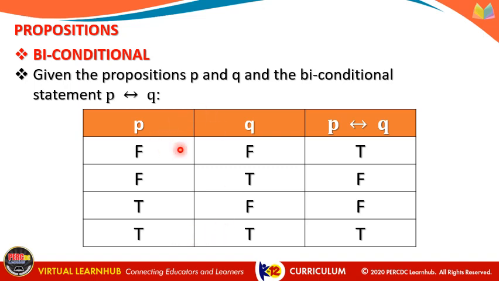So again, if both P and Q are false, then the biconditional is true. If both P and Q are true, then the biconditional is also true. If P and Q have different truth values, then the biconditional statement is false. Again, kindly memorize the truth table of each compound proposition.